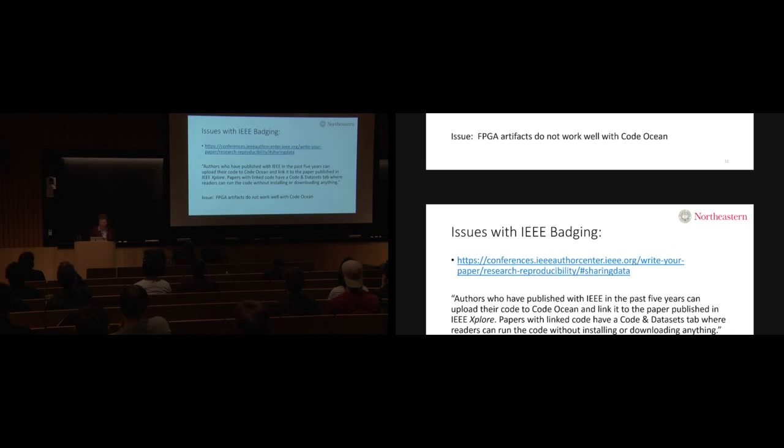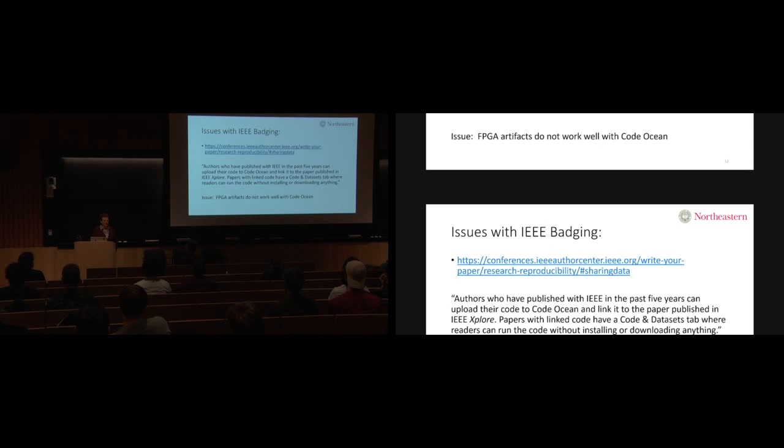But interestingly, the IEEE badging rules are really not friendly to FPGAs. They're really friendly to software. So they haven't done that. They've just kind of introduced the whole badging thing, but they're basing the software badges off of artifacts being available in CodeOcean. And the designs that we evaluate just don't play well in a containerized CodeOcean environment with all the rules.